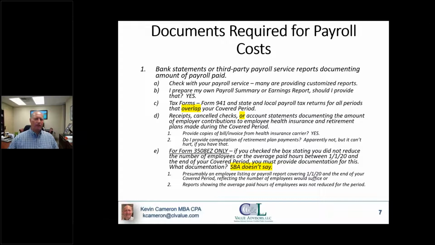And we know that under the guidance that was issued on June 22nd, there's some indication that retirement plan contributions for owner employees might be limited to 2.5/12 of their 2019 retirement plan contribution. But nowhere in the instructions does it tell us to provide a formula for that.